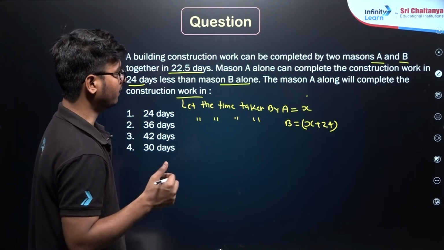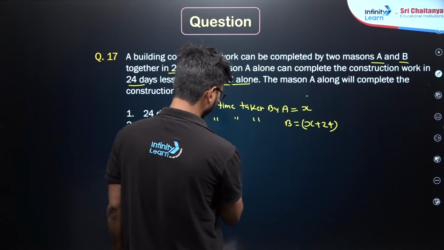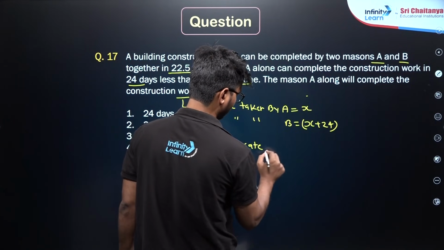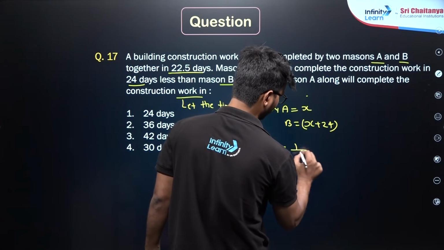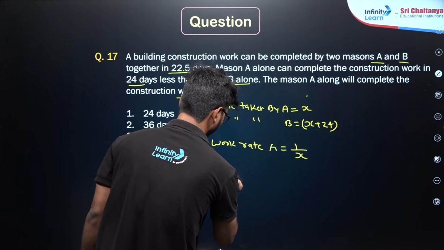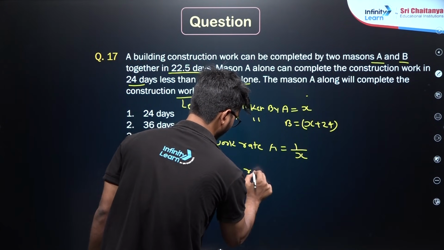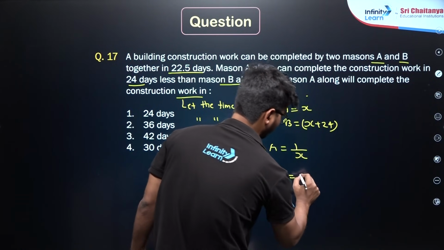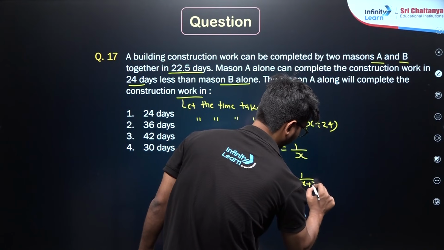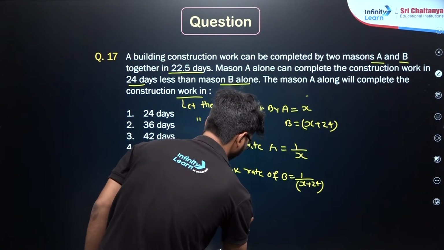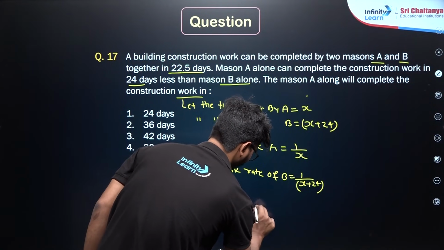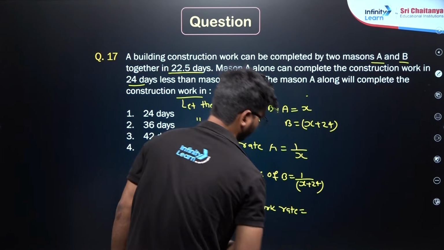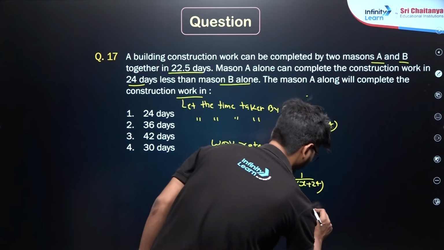Now let's find the work rate. Work rate for A is going to be 1 upon x, and work rate of B is going to be 1 upon x plus 24, and total work rate is given as 1 upon 22.5.